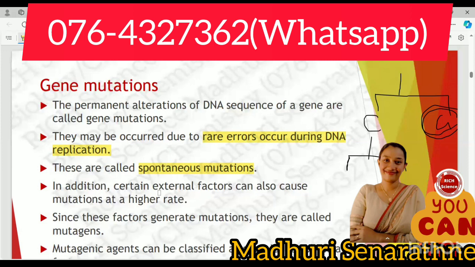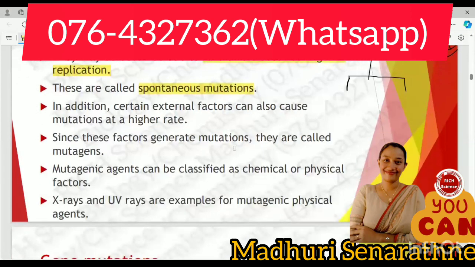In addition, certain external factors can also cause mutations at a higher rate. Since these factors generate mutations, they are called mutagens. Mutagens means mutation causing agents, like chemical factors and physical factors. X-ray and UV are physical agents for causing mutations, which are the physical mutagens.